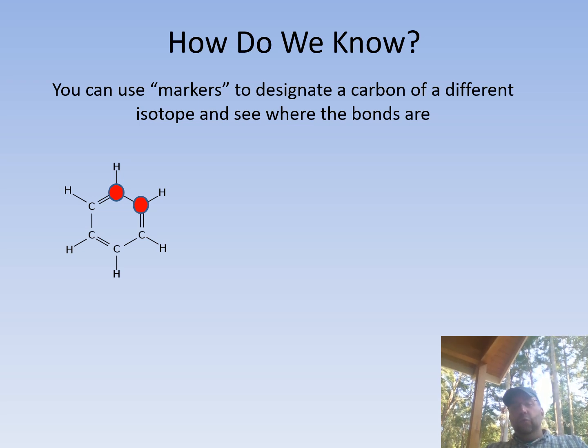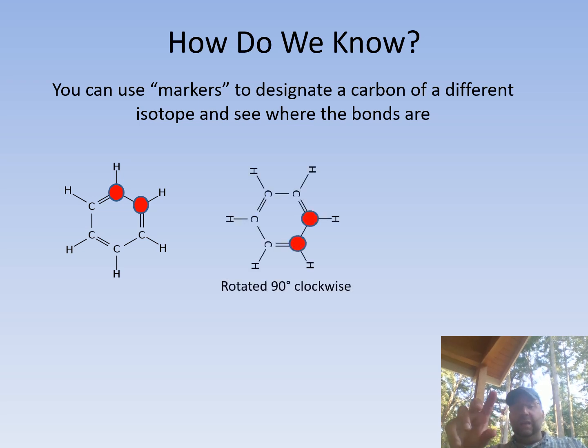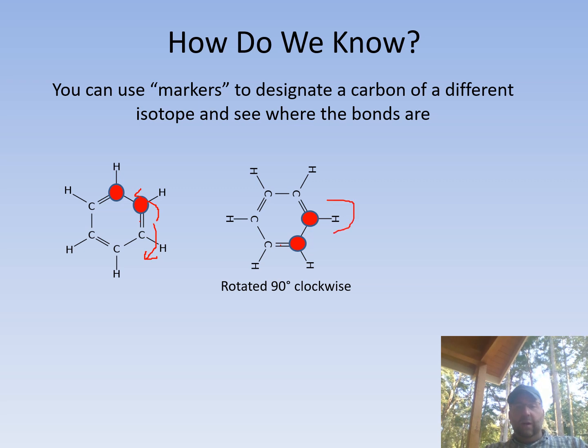Now, if you were to rotate the molecule, let's say we rotated it 90 degrees. By rotating it 90 degrees, you'll notice that the double bond that was here has rotated down to be in this location. The single bond that was here has rotated down to be in this location.